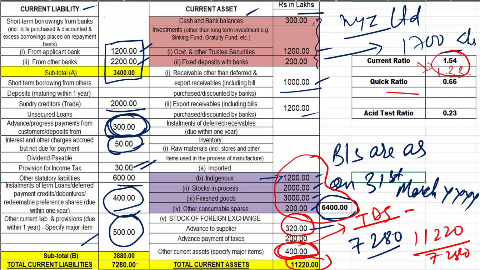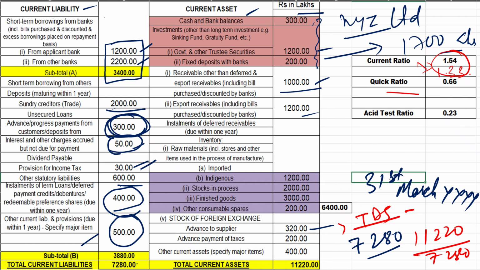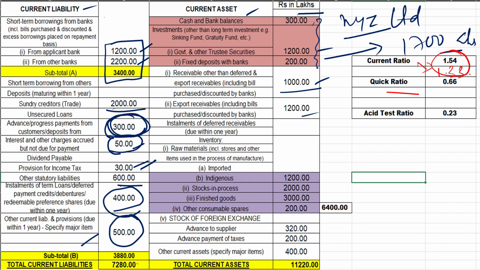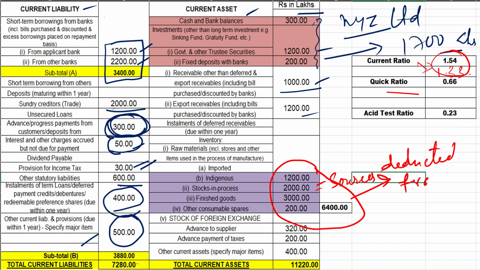We deduct this because it is assumed that in a situation of stress, it is possible that the raw material, stock in process, finished goods and consumables, the inventory, may not be sold and the company may not pay its current liability from these sources. That's why this part is deducted from current assets.